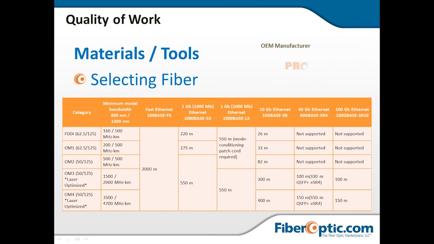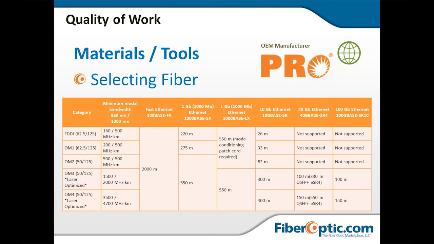So this is that chart, very similar to the previous one, but we're seeing again our OM1, OM2, OM3, OM4 on the side. But really, what I wanted to show you with this chart, even though a lot of these numbers are kind of similar, is we don't even claim that the OM1, OM2 can support 40 gig.